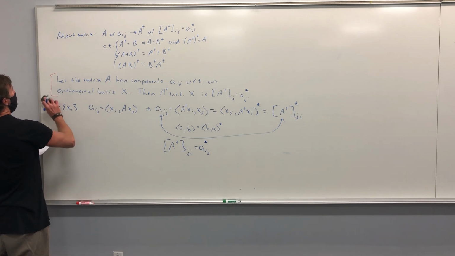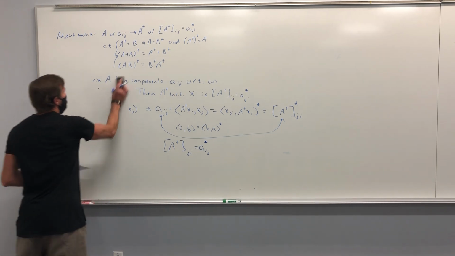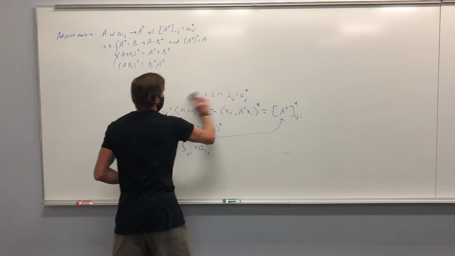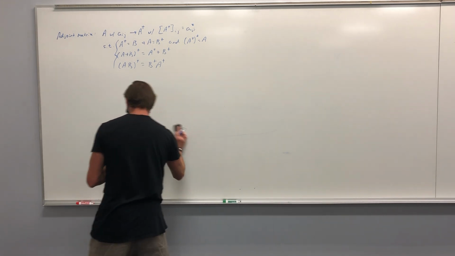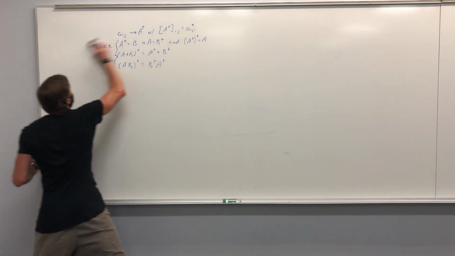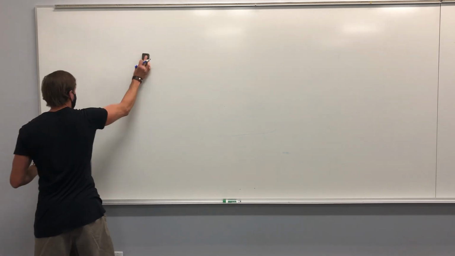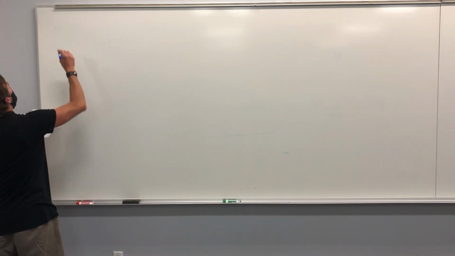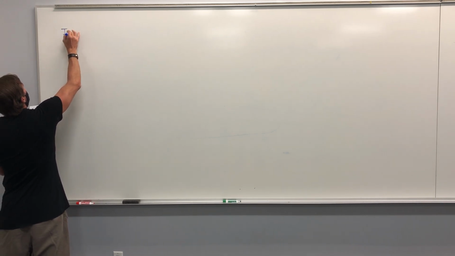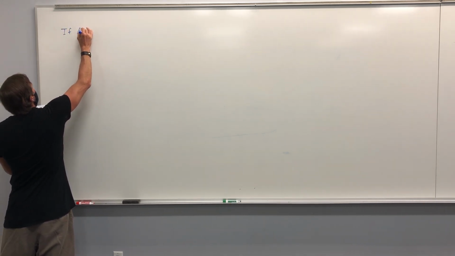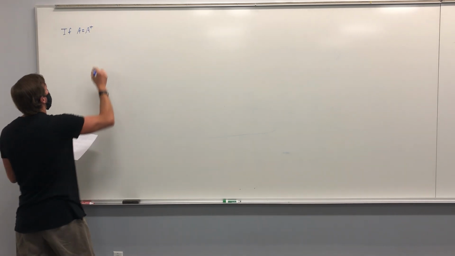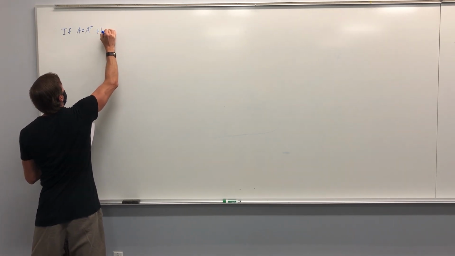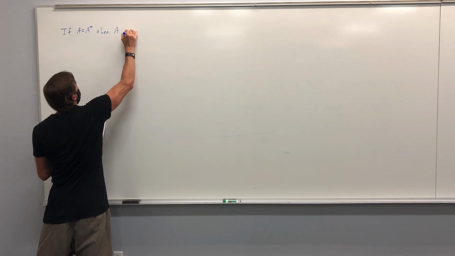Now, with the clear definition of adjoint in mind, it is time to introduce a special class of operators. And this is where many of you might have been waiting. If A is equal to A dagger, then A is what?